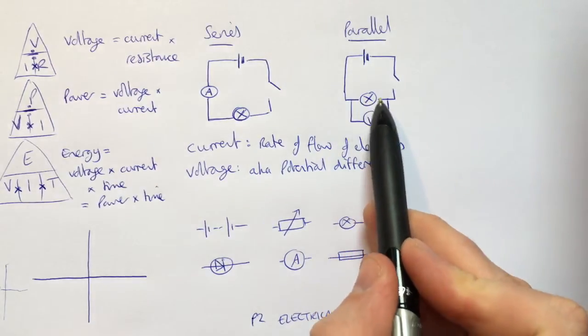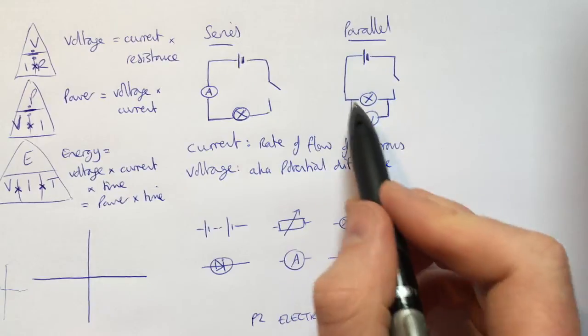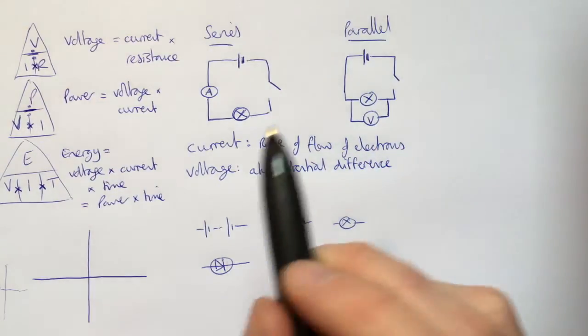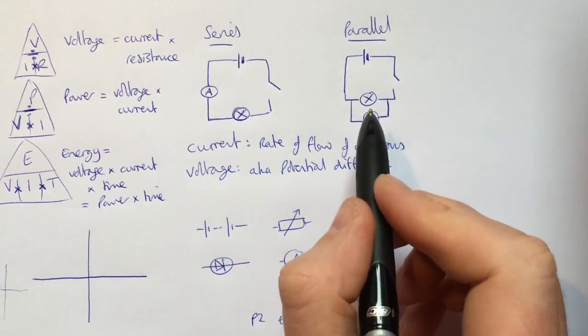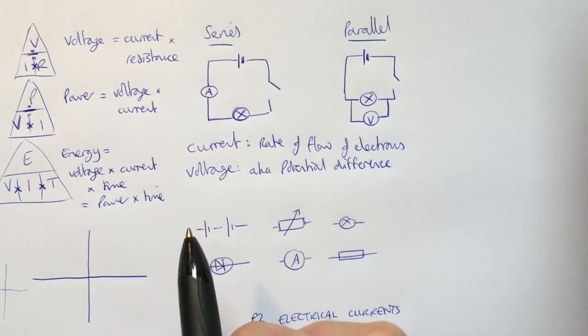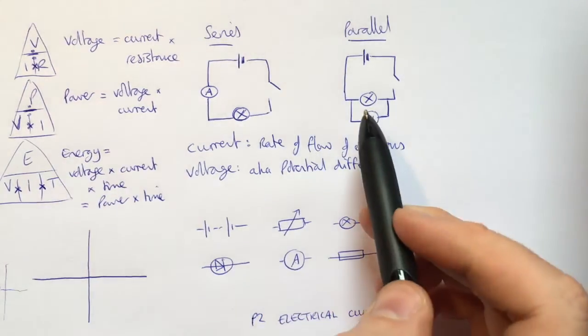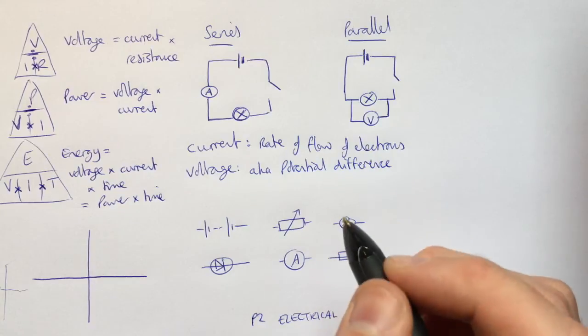So it's the difference in energy between this side and this side, because the electrons flowing around the circuit give over energy to operate the component. So for instance here, the electrical energy is converted to light energy in the lamp, which means the electrons entering the component have more energy than the electrons leaving the component.